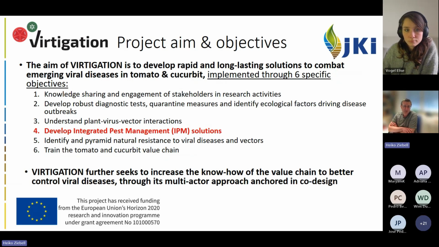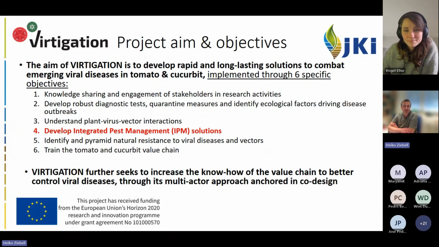The aim of this project is to develop rapid and long-lasting solutions to combat emerging viral diseases in tomatoes and cucurbits. This is being implemented through 6 specific objectives. First of them, knowledge sharing and engagement of stakeholders in research activities, and that's exactly what we are doing today with this webinar. There will be more webinars to come, so watch this space.